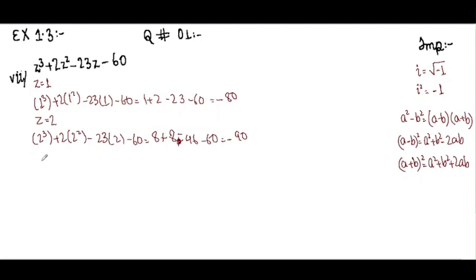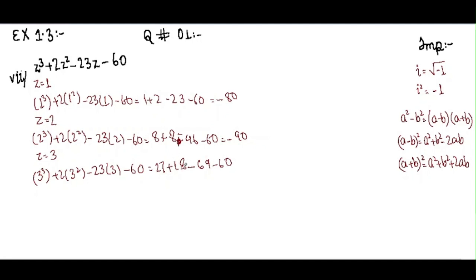Okay, z equals 3. 3 cube plus 2 into 3 square minus 23 into 3 minus 60. 3 cube gives us 27, plus 2 into 3 square, 3 square is 9, 9 into 2 gives us 18, minus 23 into 3 gives us 69, minus 60.